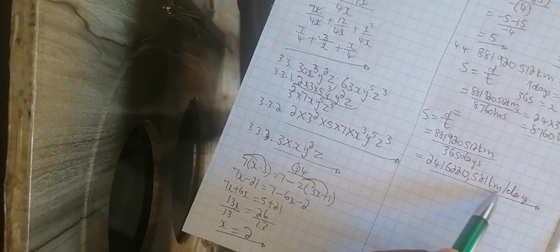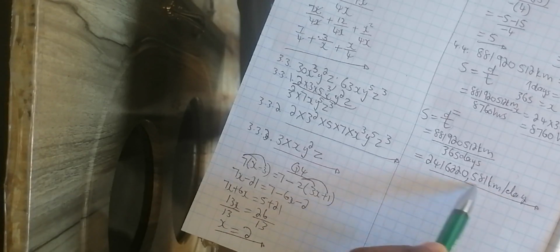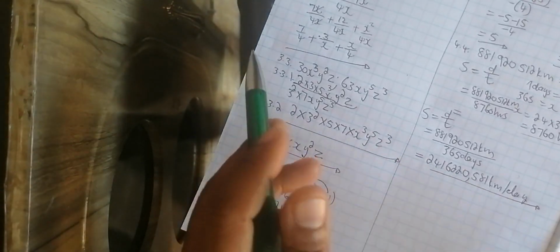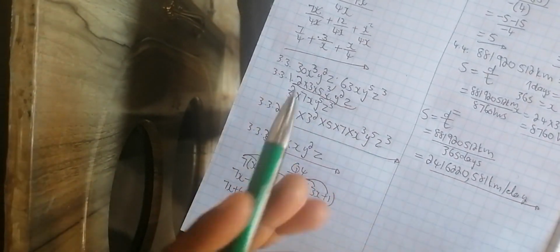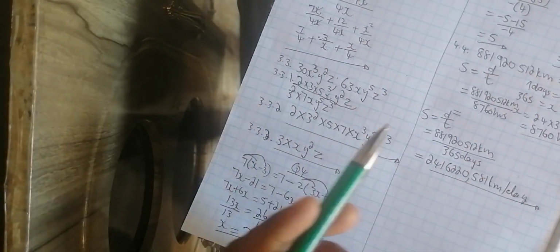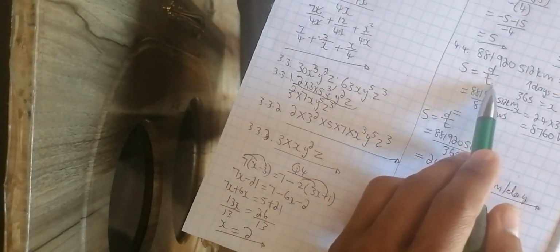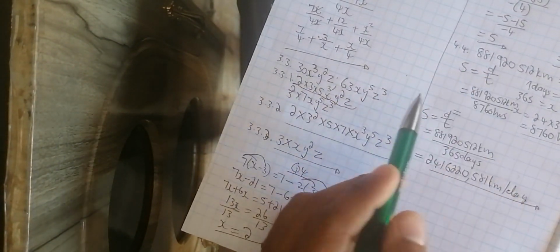So in here, this is the constant speed, and we might see this as very fast, but because of the distance that is provided and the number of days that are provided, this is the answer that we get. We don't have to go very deep into that.